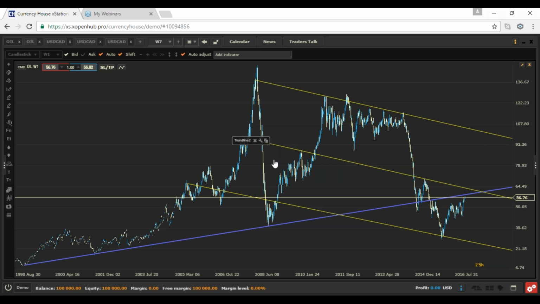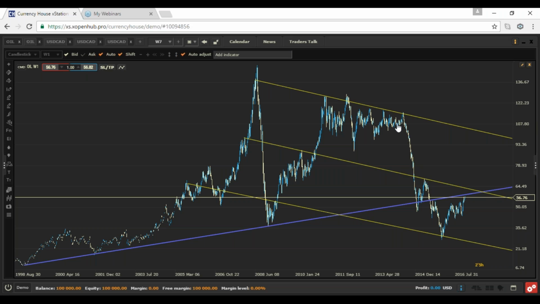It's definitely going down. You can see here several attempts to break it through on the downside, and all of the last movements in the year 2016 are just a bounce back, a retracement, a correction of that huge downside movement. We can see the sell-off in 2008 of the huge worldwide financial crisis.